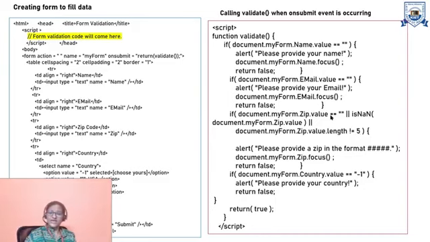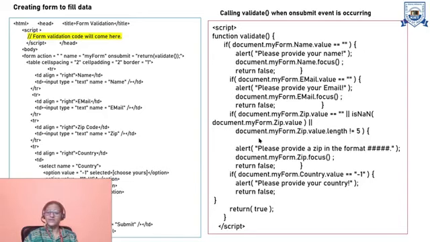If any of these situations is true, meaning it is blank, or suppose it is not blank and you have provided something, it checks whether what you provided is a number value. If it is okay, then it's okay. If it is not okay, then it will give you that alert exception. The alert box will appear and provide the message, "Please provide a zip in the format like this."